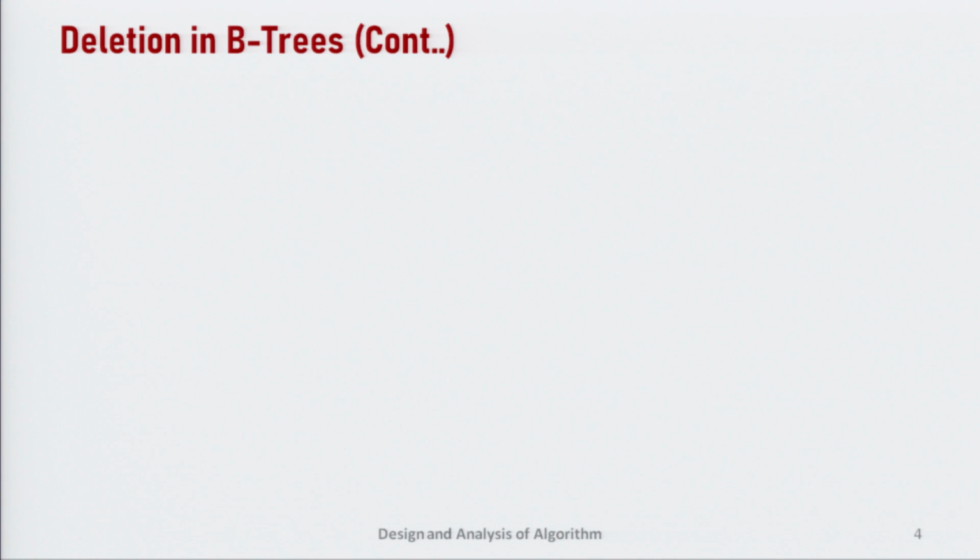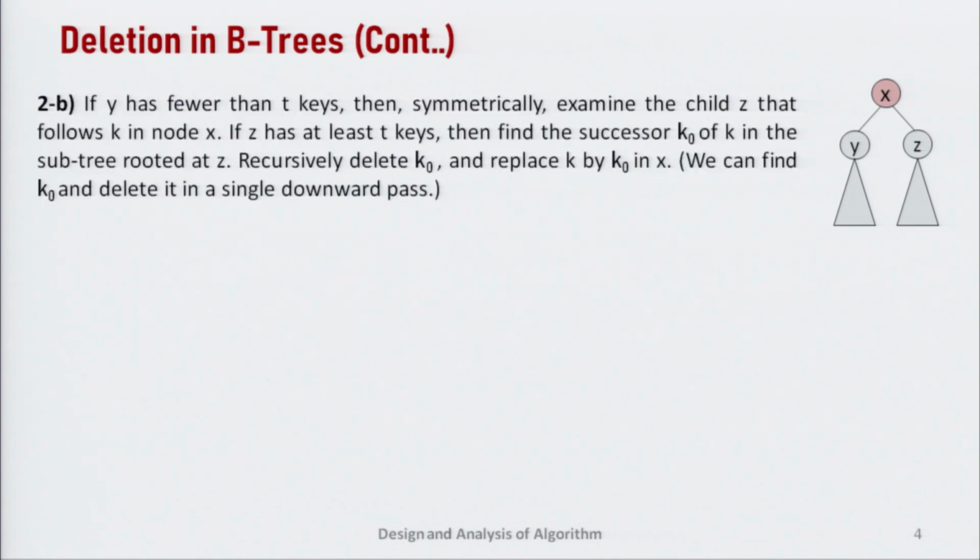Now, the second case, 2b. Suppose the left child y has only the minimum keys, not more than the minimum. Then we will look to the right child to borrow that key k'. If the right child has more than the minimum keys, in that case we will search out the immediate successor of that key.